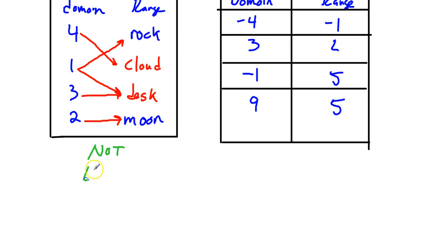Because if you think about the ordered pairs, you could have 1 and a rock, or you could have 1 and a desk. So there's where you've got the repeated value, because this 1 goes in 2 different directions.